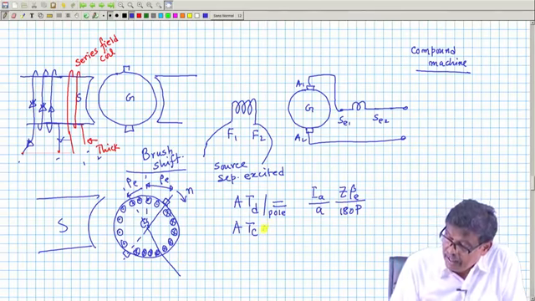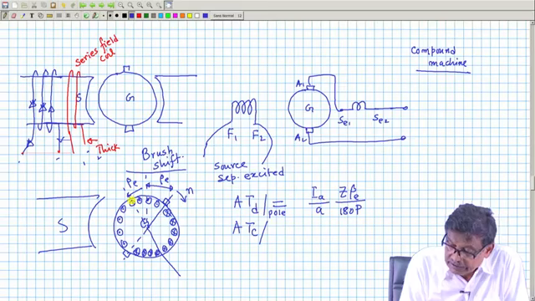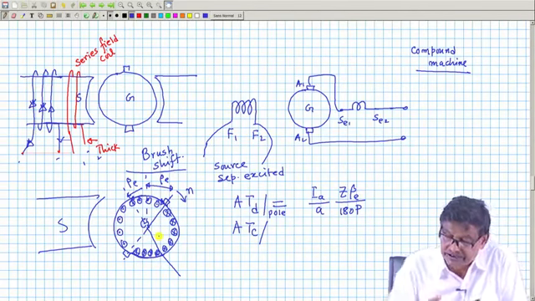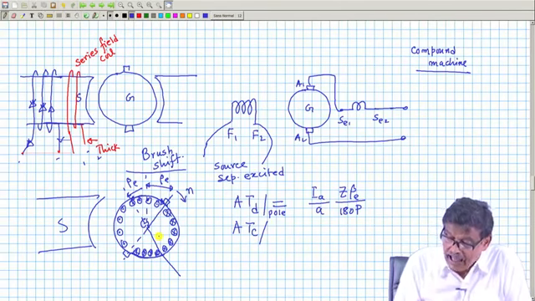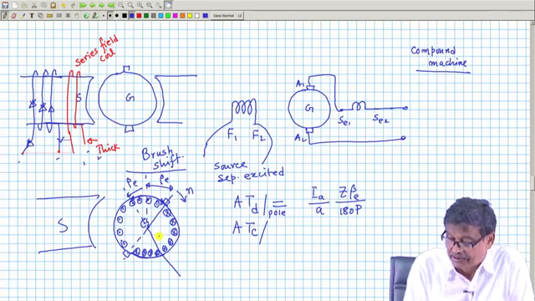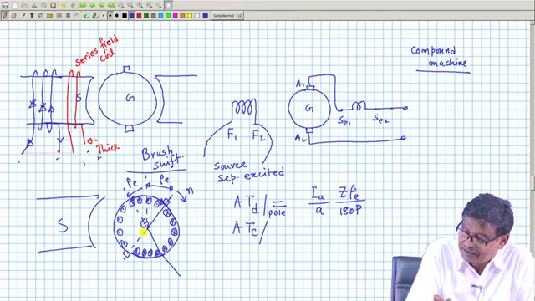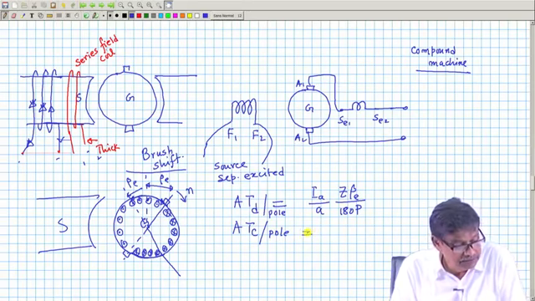The demagnetizing ampere turns are accounted by the conductors over this 2 beta E and this beta E, because they are in direct opposition with this main pole. And the cross magnetizing ampere turns, this cross, this dot, will produce flux along the q axis.